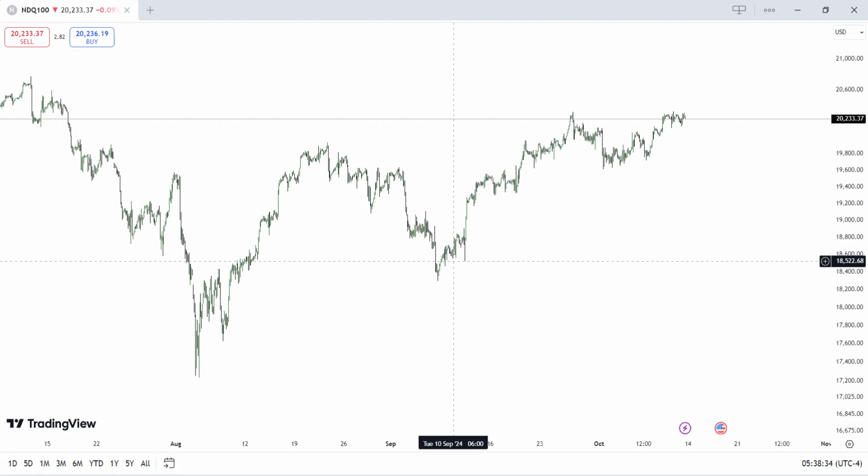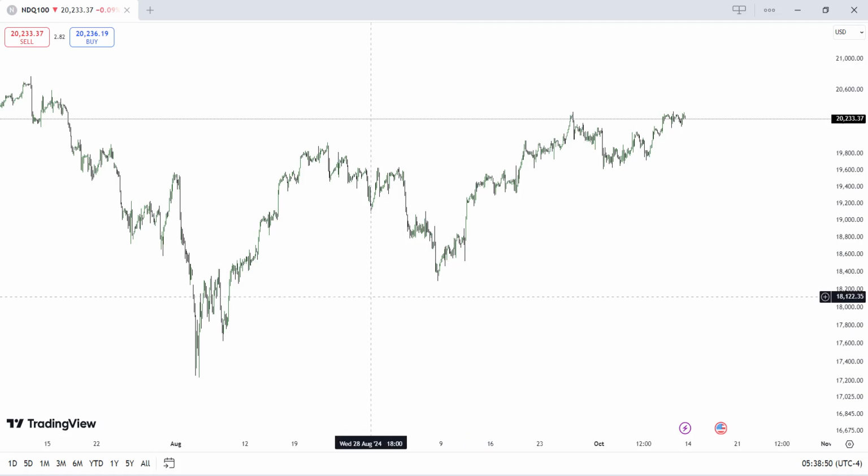From that, you are able to look for trades within that side. You're not trying to go against the flow, but focusing on the rhythm of the market.